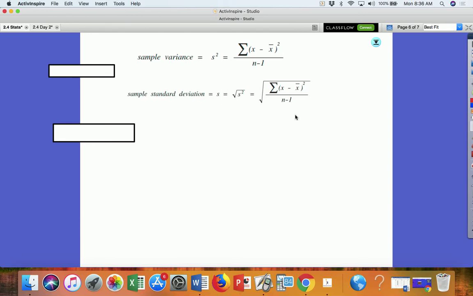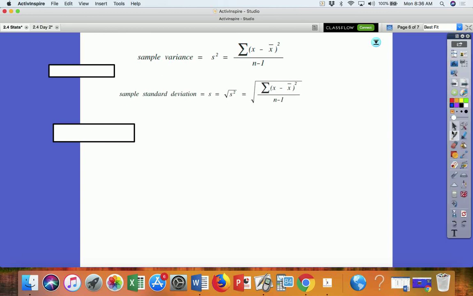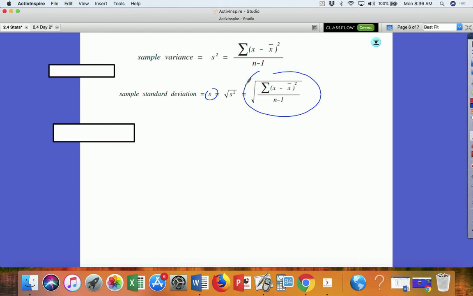There's not much difference. We use S instead of sigma for the symbol. We still have a square root. Tell me the differences. What's the differences in the formulas?